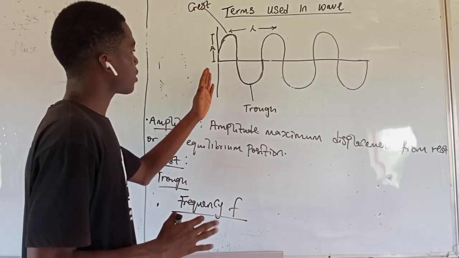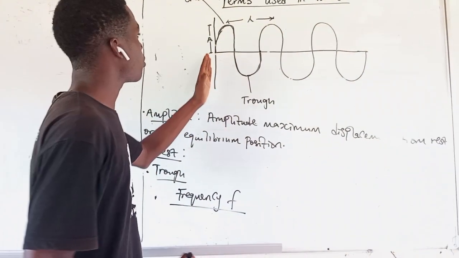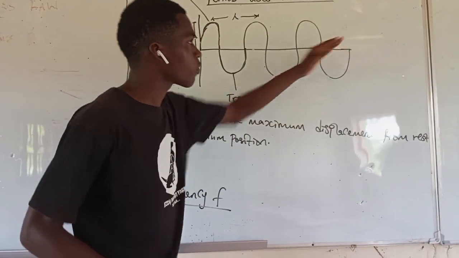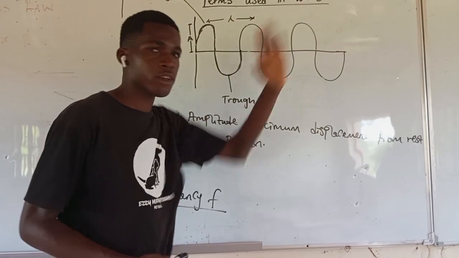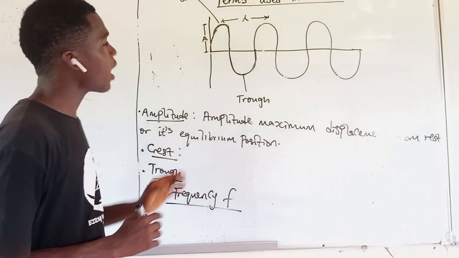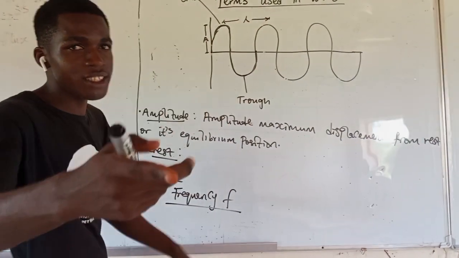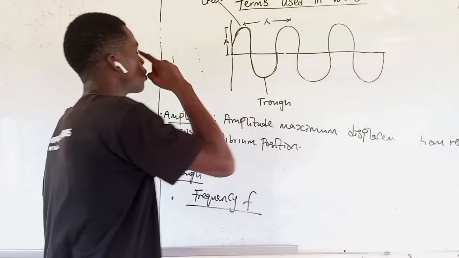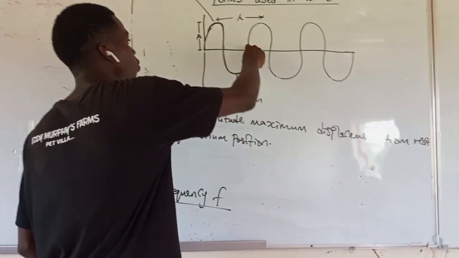Let's imagine a snake, God forbid, moving like this, and another one moving like this. Frequency is defined as the number of oscillations performed in 1 second. I told you that an oscillation is from here to here, right?